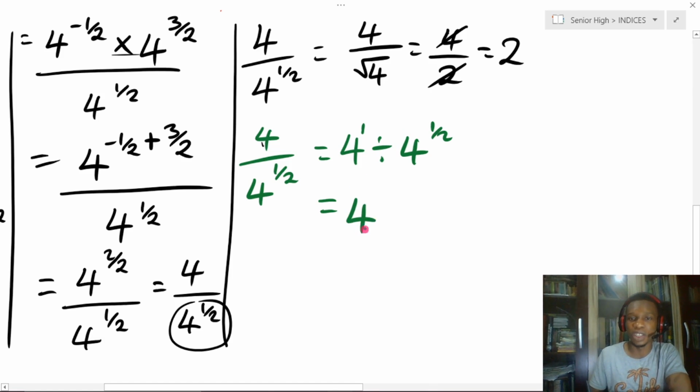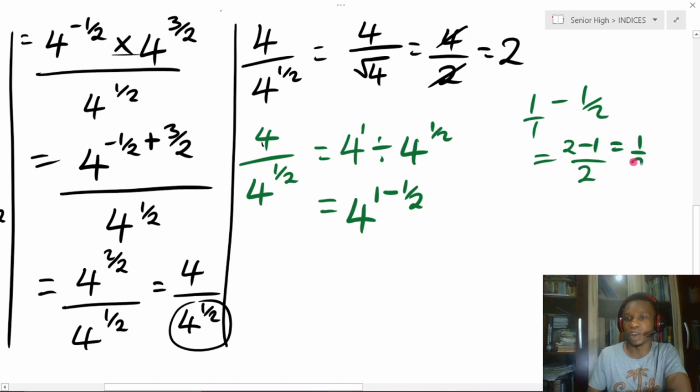So pick one of the base, 4. We say 1 minus 1 over 2. What is 1 minus 1 over 2? I believe we know how to do that. Remember, you can now put on that denominator here, and then you pick the LCM. LCM is 2. 2 divided by 1 is 2. 2 times 1, 2. 2 divided by 2 is 1. 1 times 1 is 1. So it's 2 minus 1, which is 1 over 2.